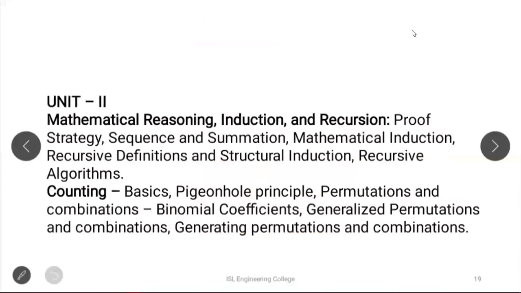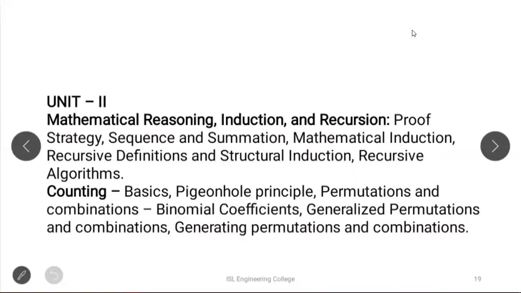Now the next unit, mathematical reasoning. Mathematical reasoning, induction and recursion. So mathematical reasoning is how are we giving the proofs and in what way should we design the proofs, proof strategy.